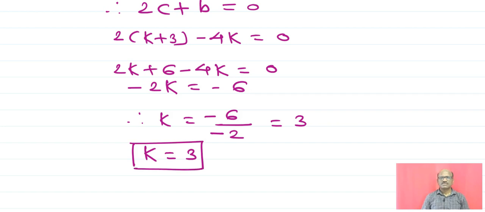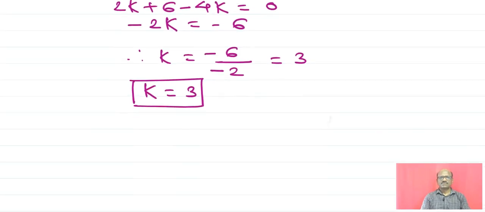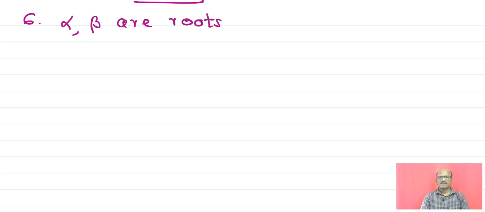Now next, number 6. Alpha and beta are roots of y square minus 2y minus 7 equals 0.